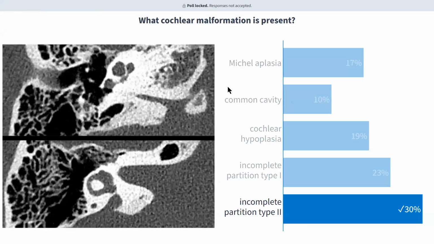Okay, the correct answer is incomplete partition type 2, which the plurality of people got.